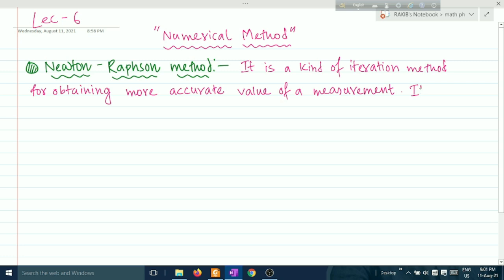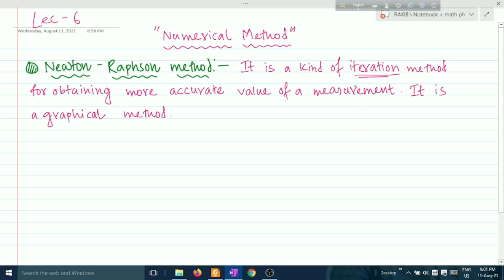It is a graphical method. Please make a systematic note. So what is iteration here?